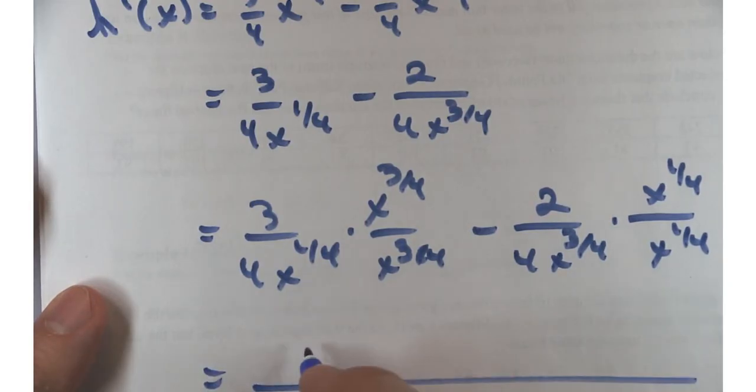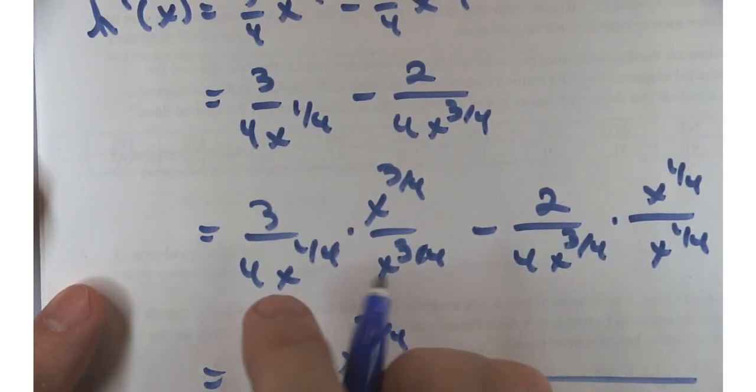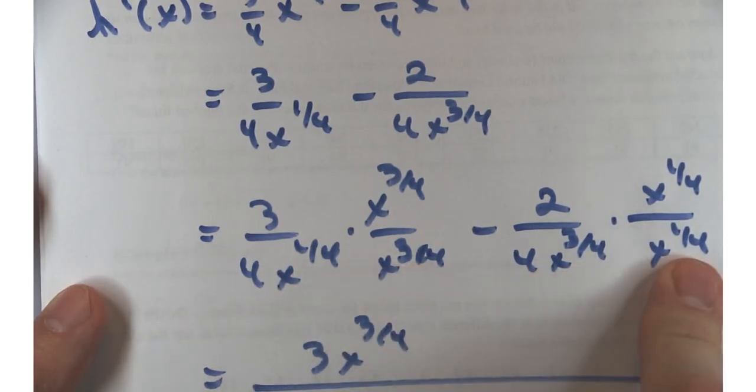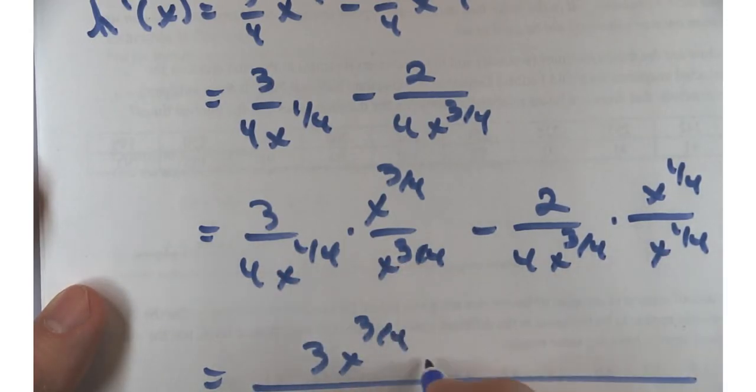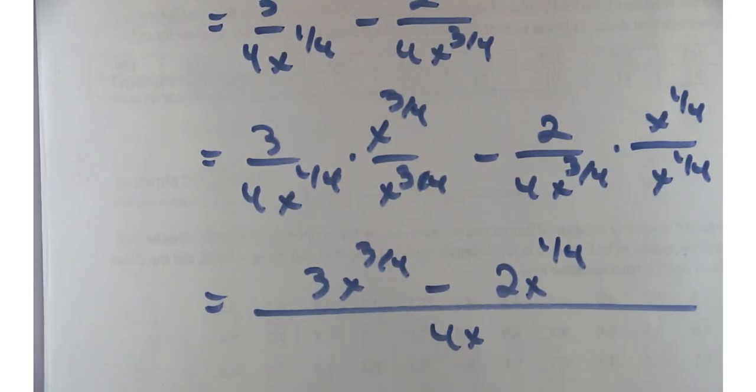That's going to give me 3x to the 3/4 over 4x, minus 2x to the 1/4 over 4x. Okay, so I've cleaned this up a little bit.